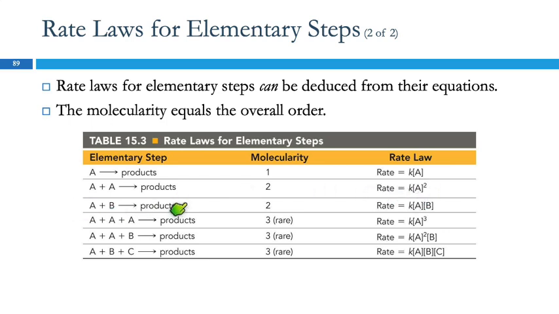A plus B, we're going to get the rate is equal to the rate constant times A to the first power times B to the first power. And then here are examples for what that would look like with termolecular, which are very rare. So here we do see that the order is dependent on how many of these things are colliding.